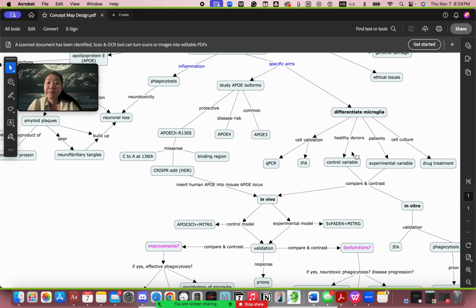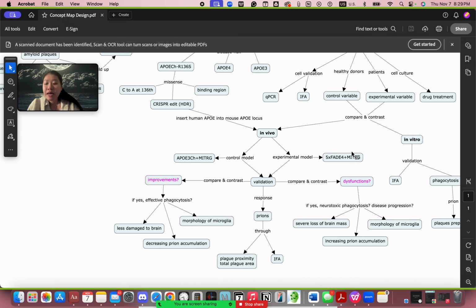As I expect, the microglia in the brain with ApoE Christchurch will show improvements, such as less damage to the brain, effectively clearing up plaques, slowing down tangle progression, and maintaining their normal morphology.